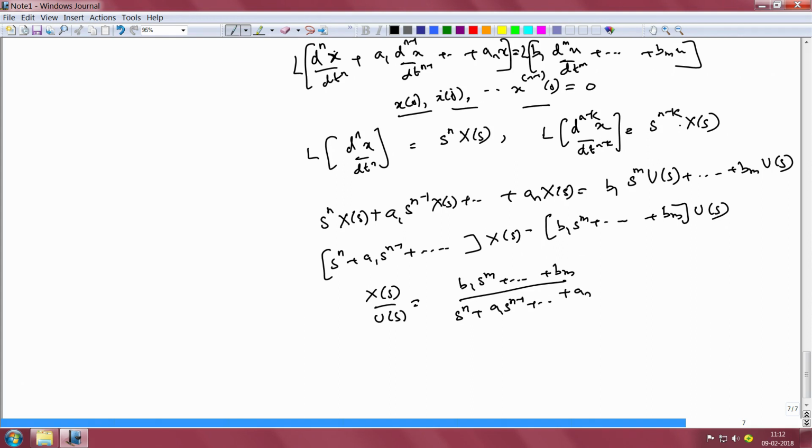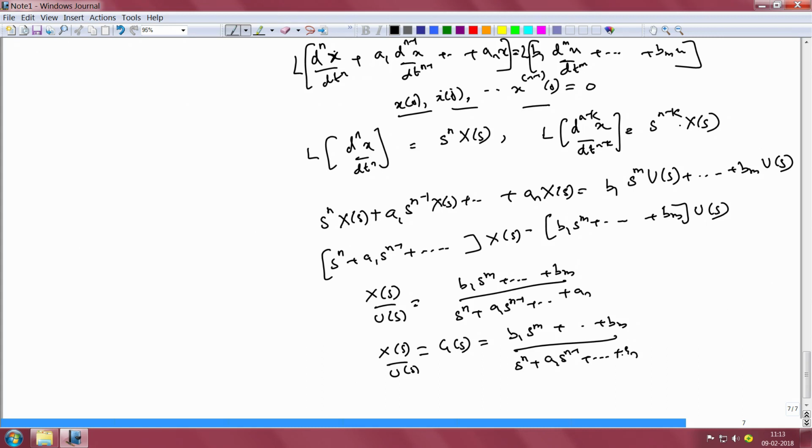And from our previous slide we have shown that x of s by u of s is nothing but g of s, which is the Laplace transform of the impulse response, and therefore by comparing these two equations we conclude that g of s is essentially equal to this expression: b1 s power m and so on and so forth up to bm, divided by s power n plus a1 s power n minus 1 and so on and so forth up to an.